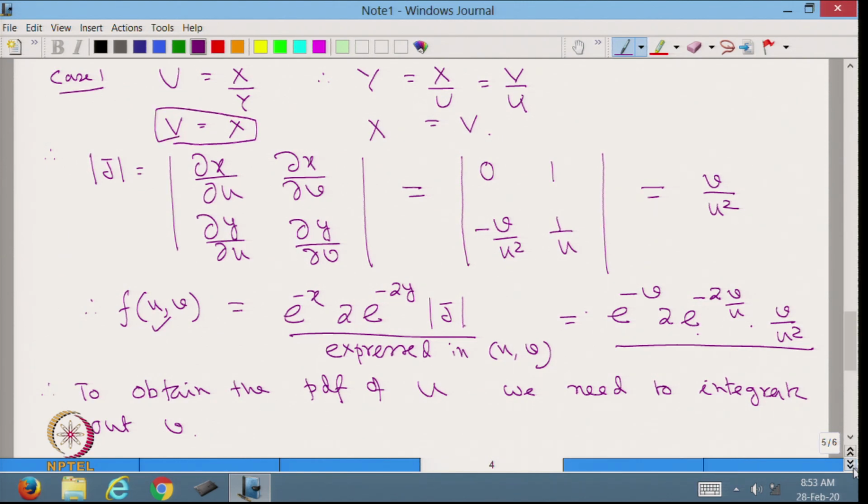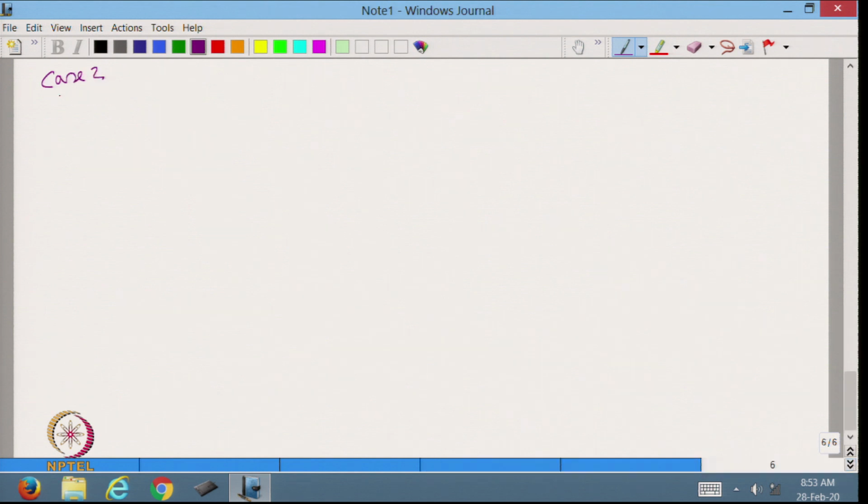Now, I go to the second case. As before, u is equal to x by y, but let us take v is equal to y. In that case, what is going to happen? We can see that x is equal to u y, which is u v, and y is equal to v.